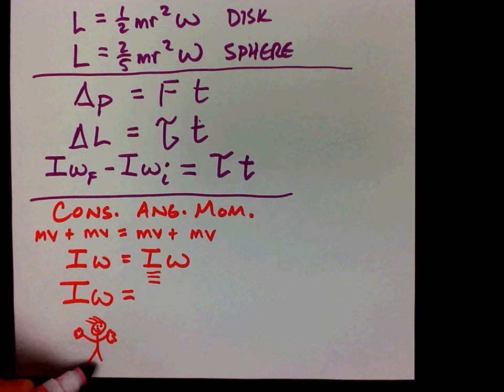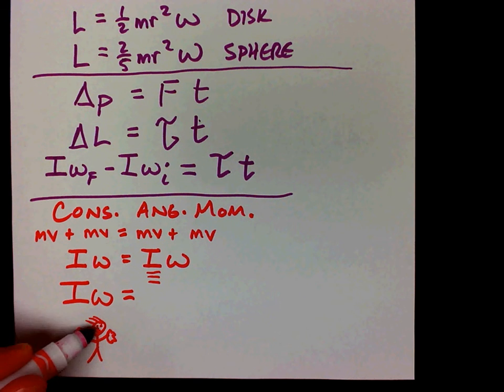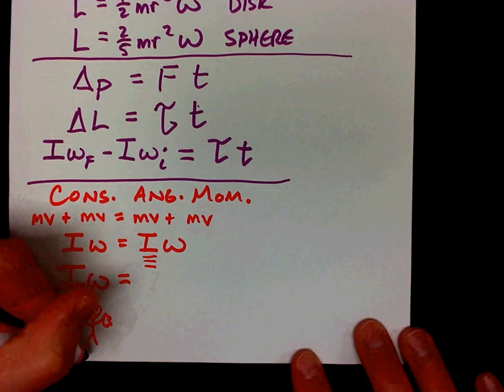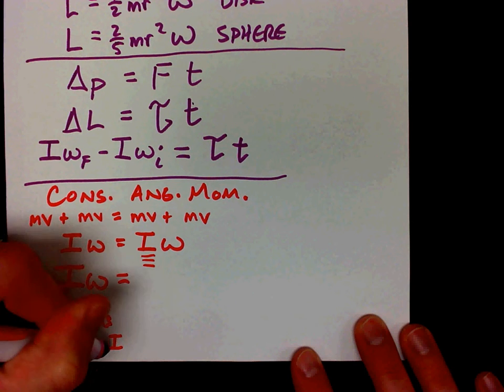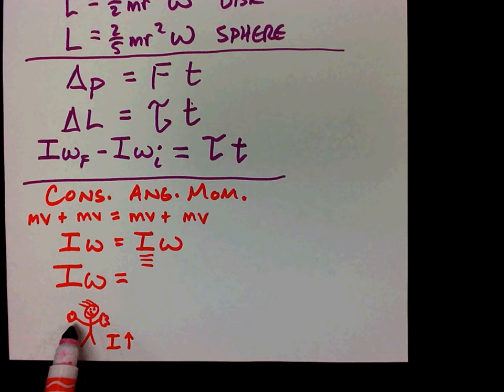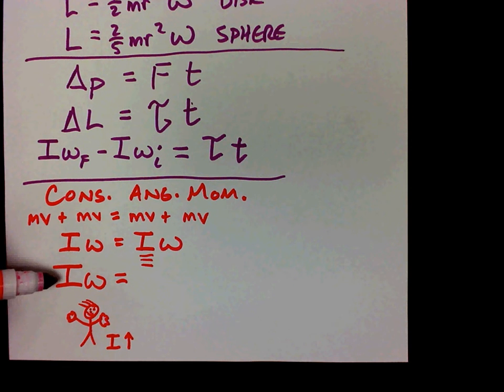The axis of rotation is right down the middle of this figure skater, and all of this mass is far away. So in this case, the I value, the rotational inertia, is pretty high because they are putting a lot of their mass far away from their body. And so let's say that's the scenario to start.